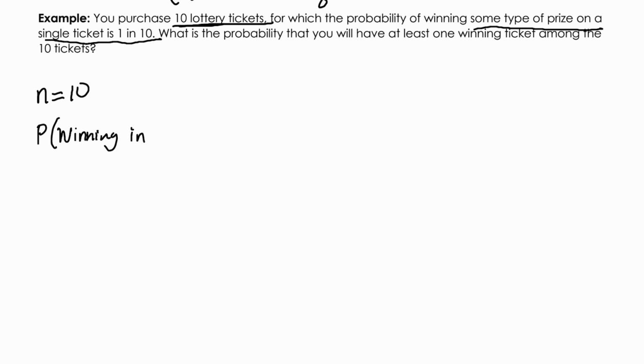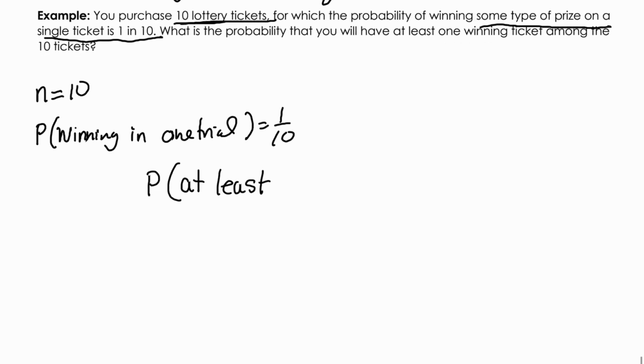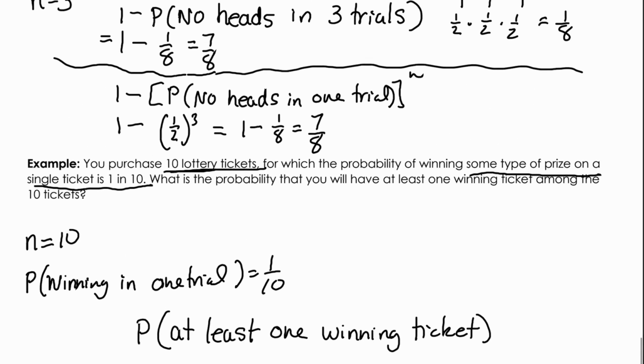So the probability of winning in one trial is 1/10. What is the probability that you have at least one winning ticket among the 10 tickets? So we want to find the probability of at least one winning ticket.